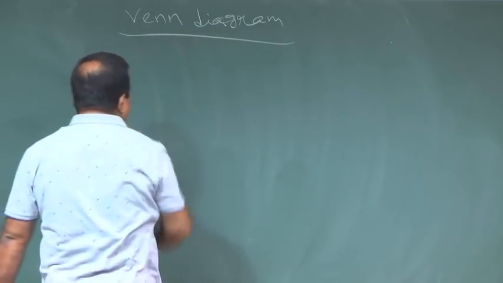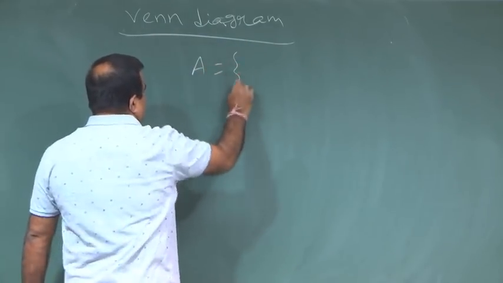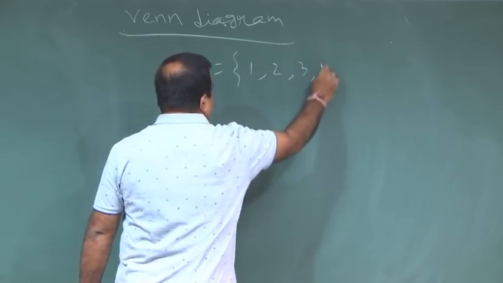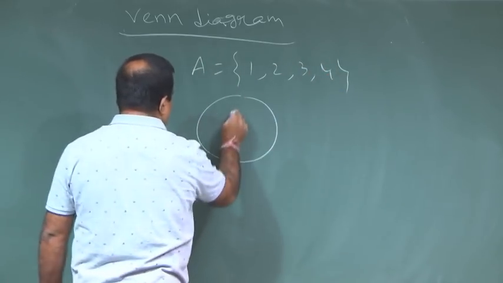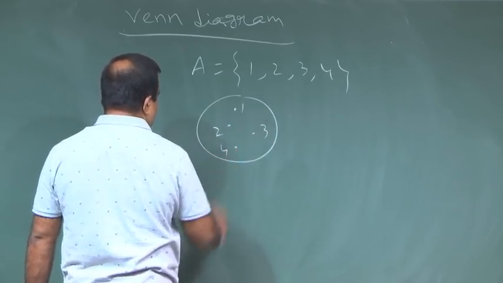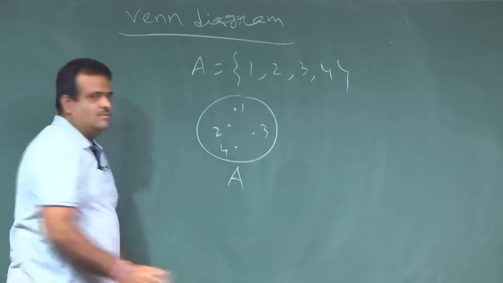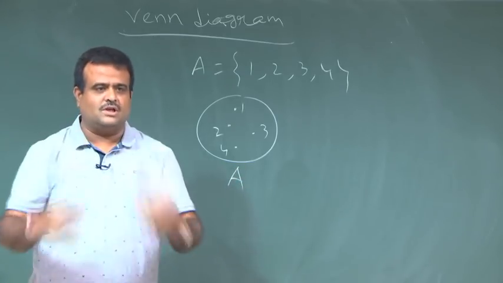So, we can represent a set in a diagram way. Suppose A is a set, say 1, 2, 3, 4, these are the elements. So, this is the pictorial way. This is 1, this is 2, this is 3, this is 4. This is called a Venn diagram. So, this is a set, and we are seeing this in a pictorial way.